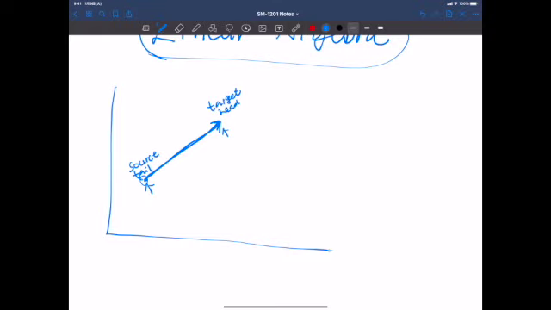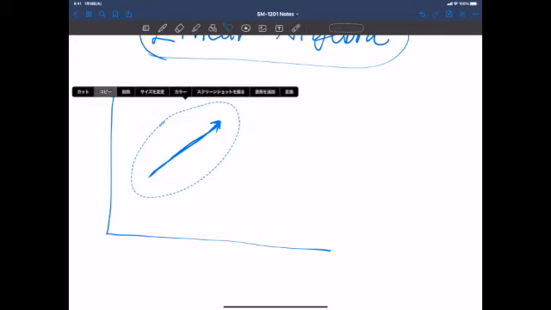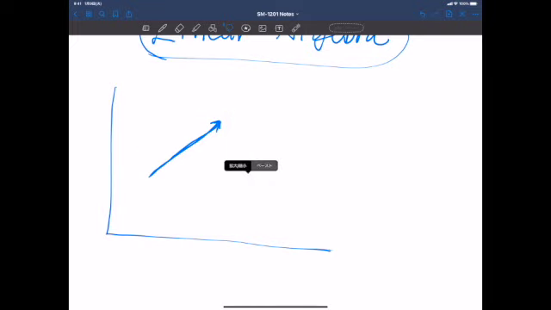But what we care about in vectors is its magnitude, that is its length, and its orientation, not the place where it is located. So, for example, if we have this vector and we consider this vector as the same as this vector located somewhere else.